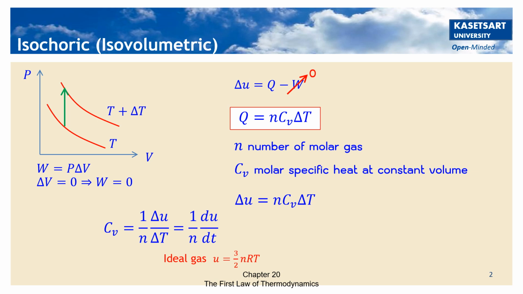For the ideal gas, U is 3/2 nRT, then Cv equals 3/2 R. For the ideal gas, you have Cv equal to 12.5 joules per mole per Kelvin.